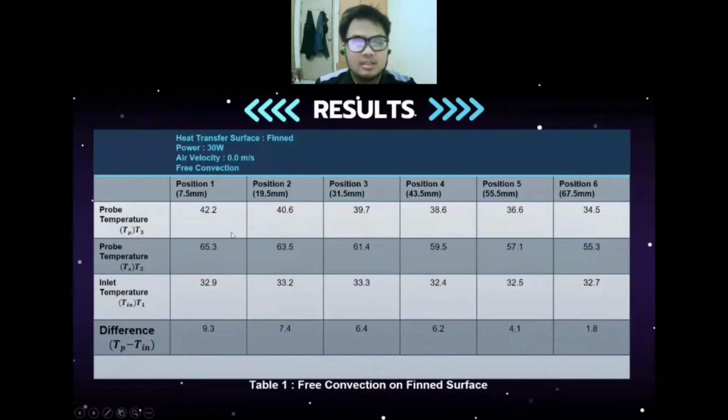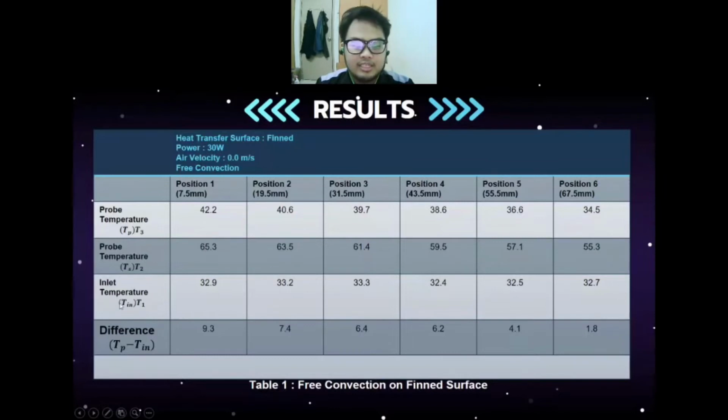As you can see, TP, T3 for the fin surface also decreases from position 1 until position 6, and probe temperature T2 also decreases from position 1 until position 6.